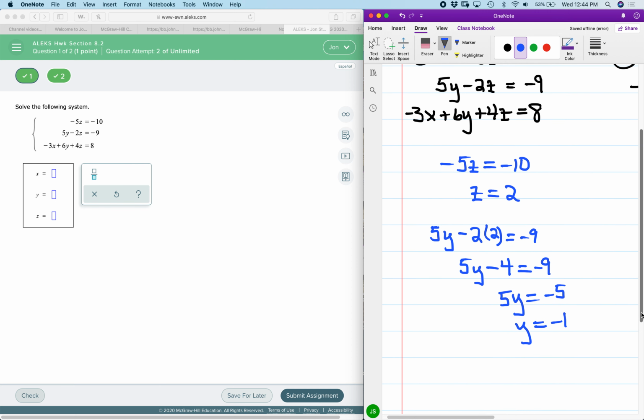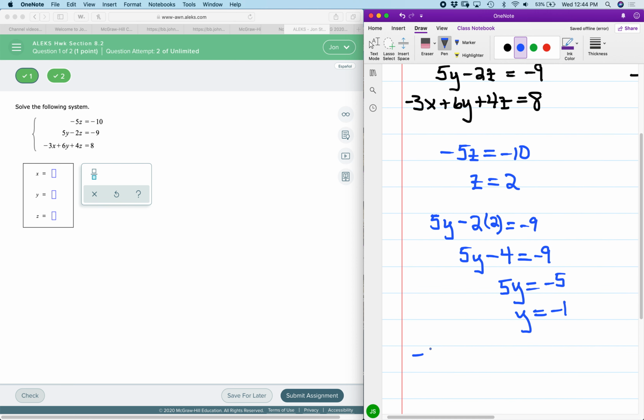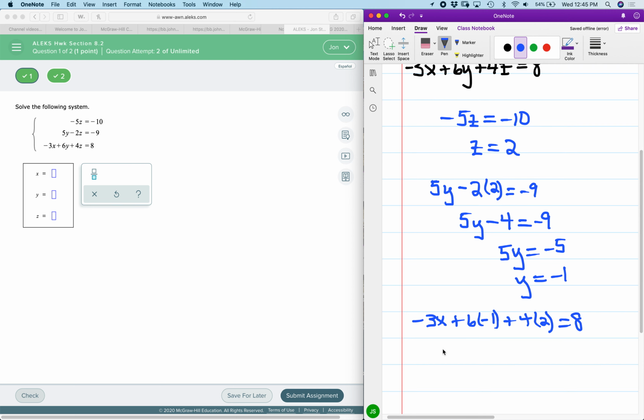In solving for x, from the last equation, we have negative 3x plus 6y becomes 6 times negative 1, and plus 4 times z, so I have 4 times 2, is equal to 8. Upon combining, we have negative 3x minus 6 plus 8 is equal to 8.